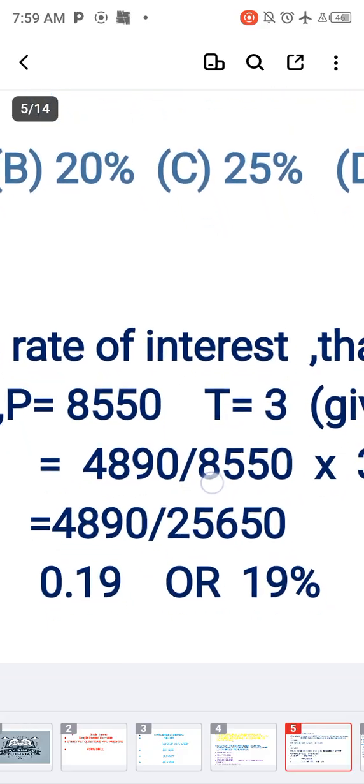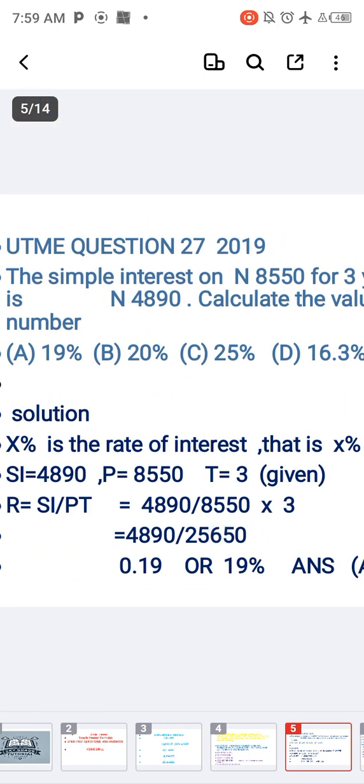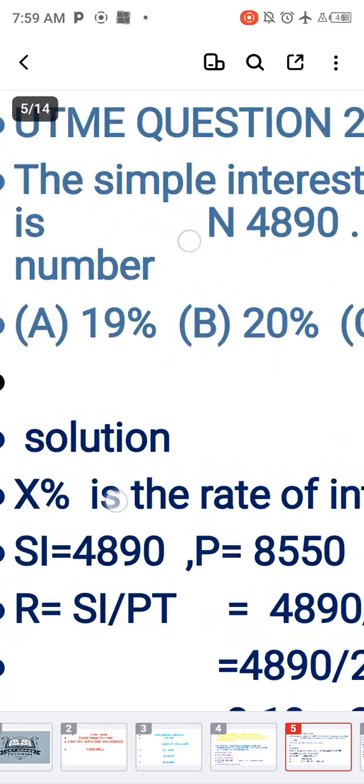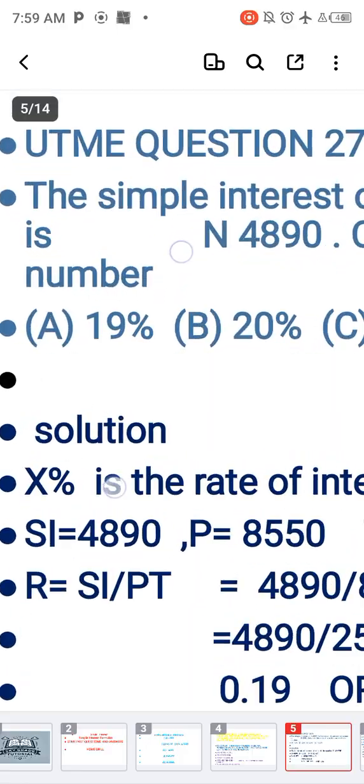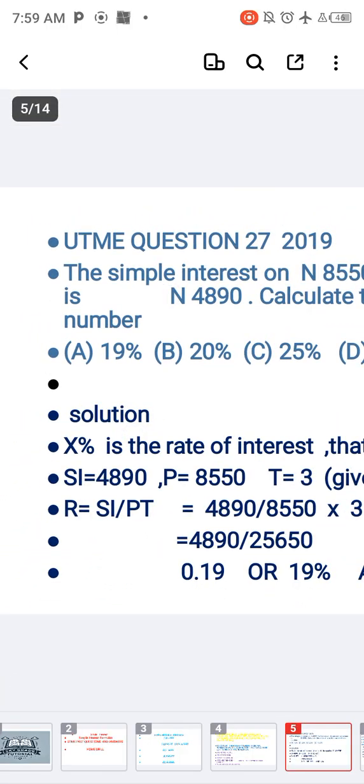Eventually, you come to 0.19. 0.19 is as good as 19 over what? 100. And 19 over 100 is equal to what? 19%. So the correct option there is A, which is 19%.